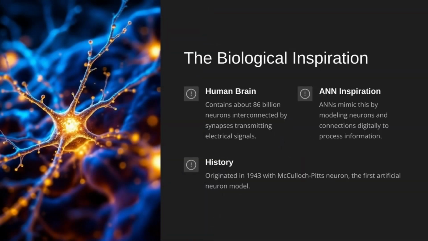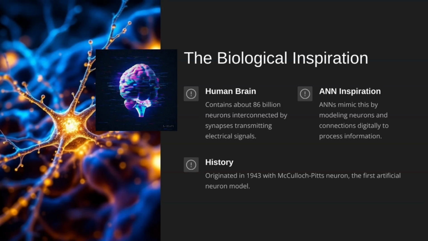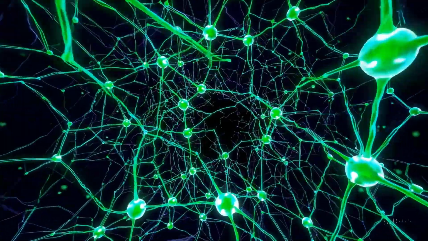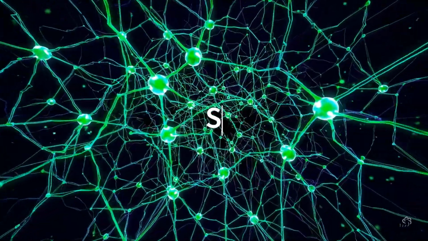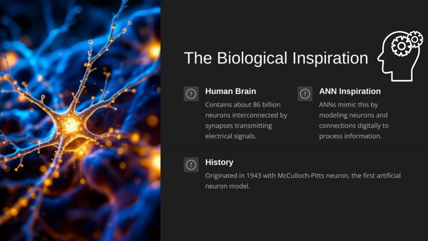To understand artificial neural networks, we first need to look at their biological inspiration. The human brain is an incredibly complex system containing about 86 billion neurons. These neurons are linked by synapses that transmit electrical signals, allowing us to think, learn, and make decisions. Artificial neural networks are inspired by this system.